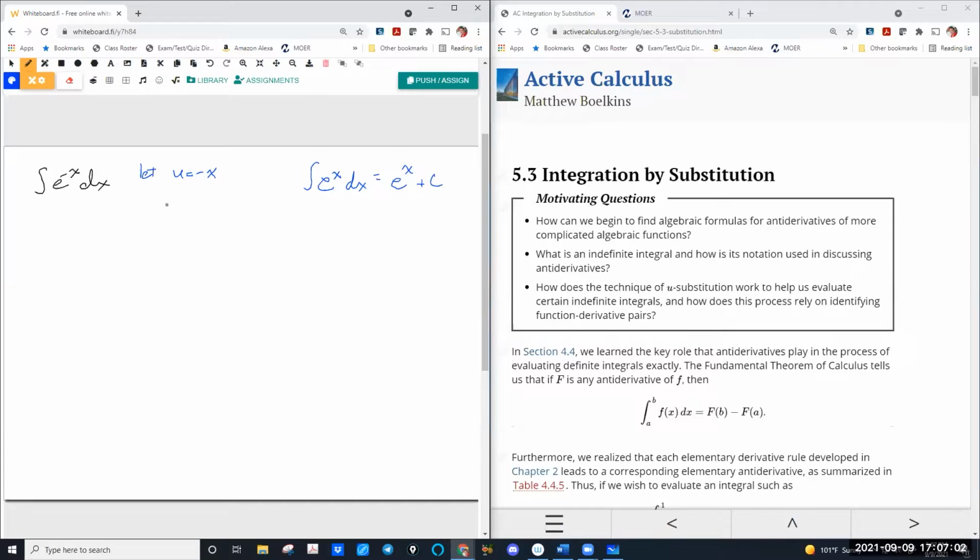Now I want to talk a little about what happens next. Our goal is to get all the x's out and get it all in terms of u. Once you choose u, you calculate du/dx, the derivative of u with respect to x, which is just -1.